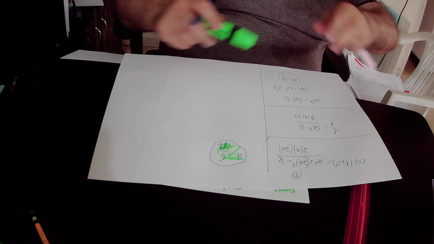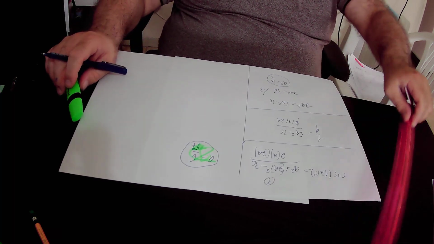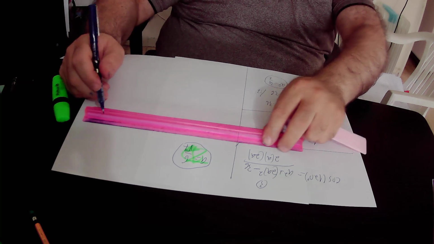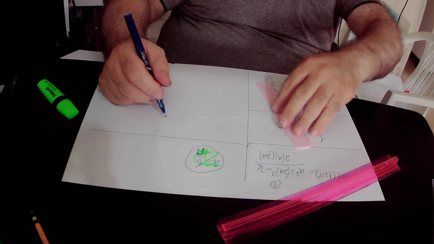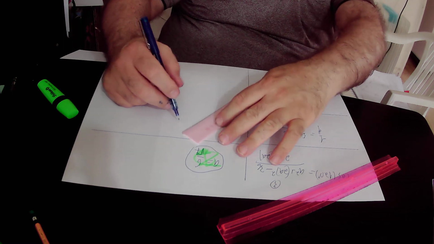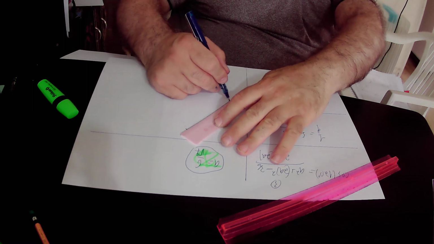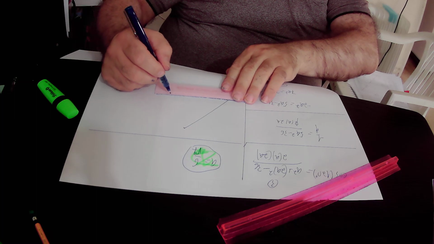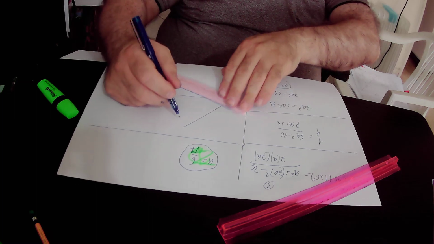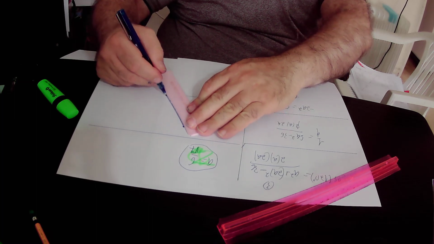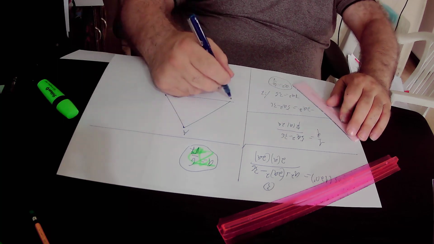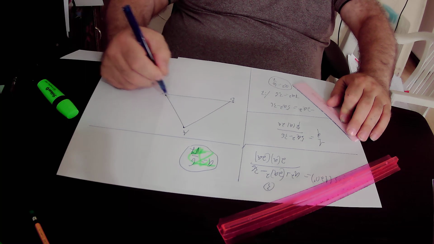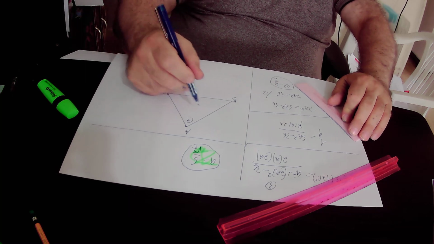In the next step I will present to you a new way to calculate the area of any triangle. If we have this triangle ABC, that could be any triangle. This is triangle ABC. This is angle theta.